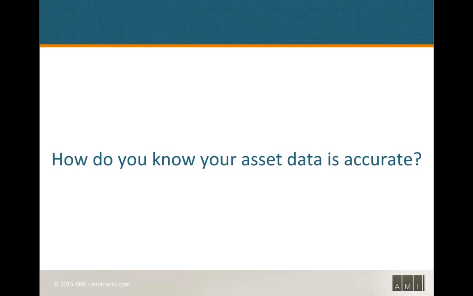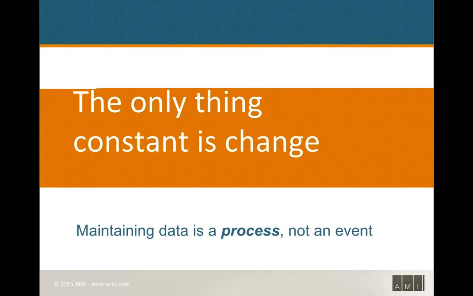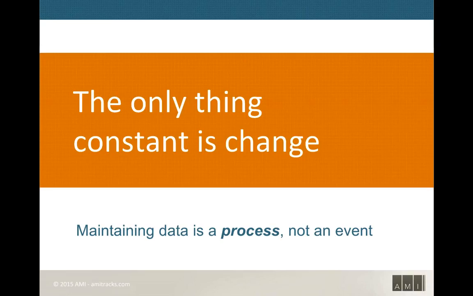How quickly depends on how poorly your asset tracking process is. So there are varying degrees of inaccuracy in your database. But the bottom line is, if you are audited or if you're generating reports or maintaining an asset repository, how do you know that the data is accurate? And that's the purpose of this webinar today.